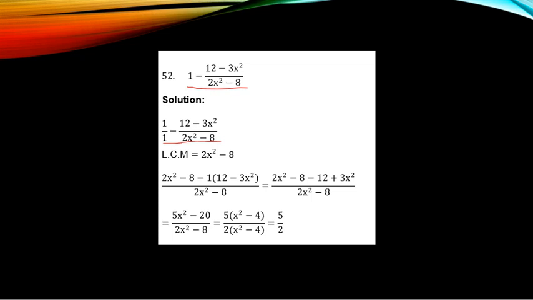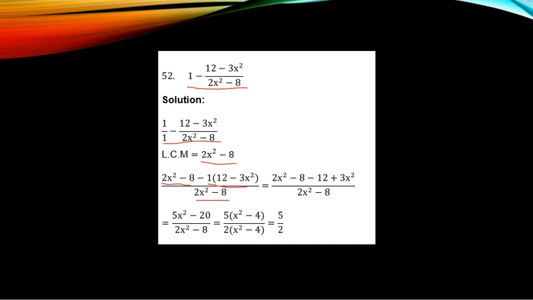So the LCM is 2s squared minus 8. If you divide the LCM by 1, multiply by 1, you have the LCM in return. You divide the LCM by itself, you have 1, multiply the numerator.